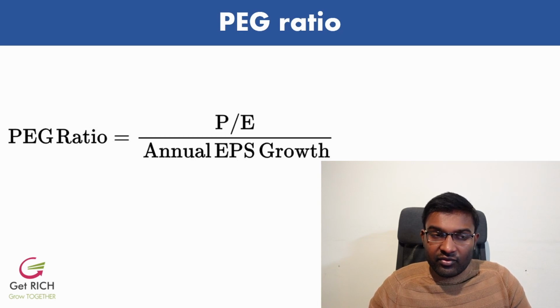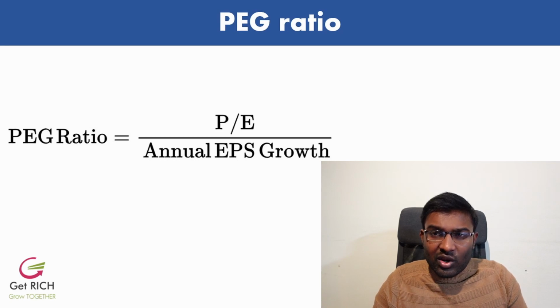For example, if you have a PE of 20 and the company is growing its earnings at a 20% CAGR, then the PEG ratio will be 1. And if another company has a PE ratio of 50 and is growing its annual EPS by 50%, the PEG ratio is also 1. So both can be viewed at the same point.